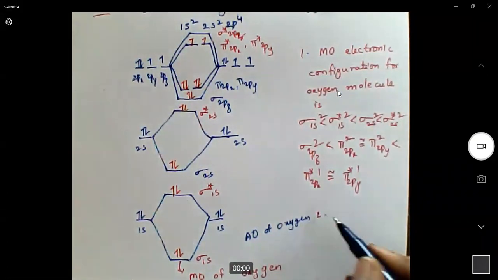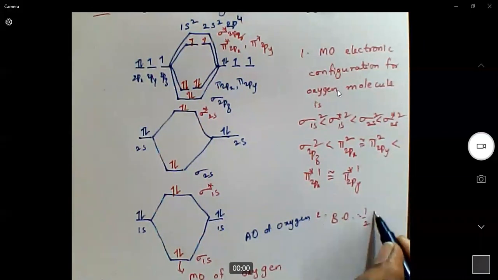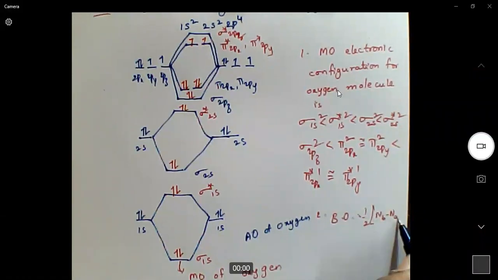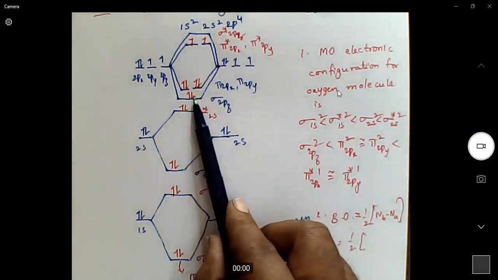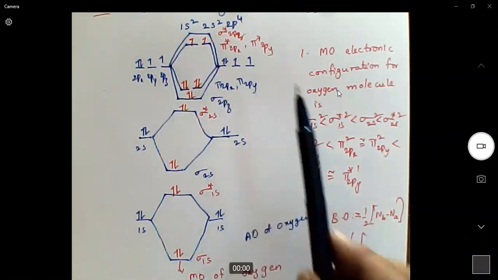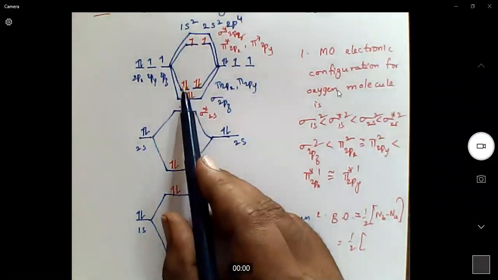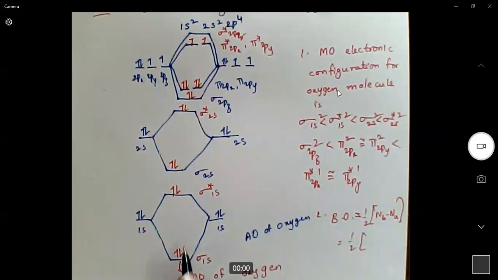Now, second point, bond order. What is the bond order? It is half of the number of bonding electrons minus the number of anti-bonding electrons. Number of electrons in the bonding orbitals, that means lower energy: sigma 1s, sigma 2s, sigma 2pz, pi 2px, pi 2py. So altogether in bonding 2 plus 2 plus 2 plus 4, 5 pairs, it is 10 electrons.